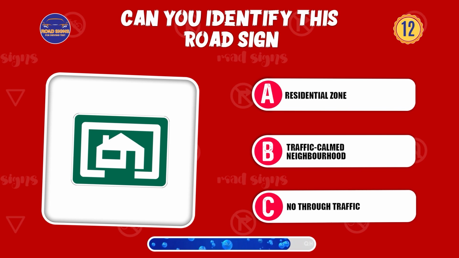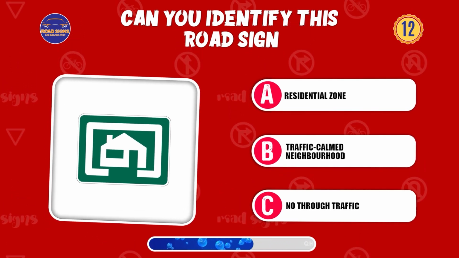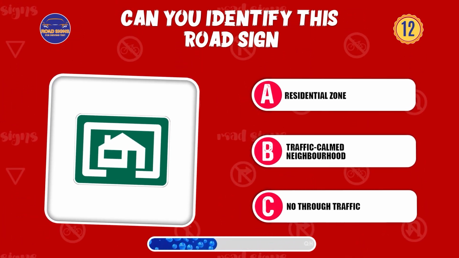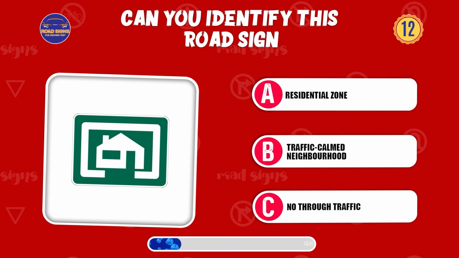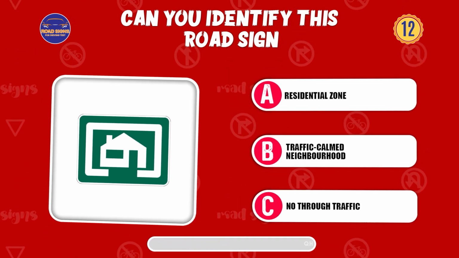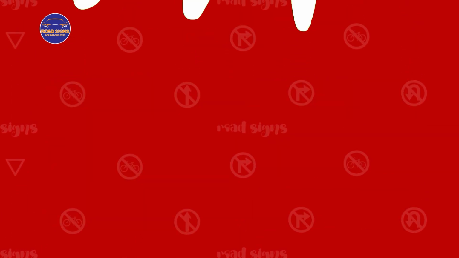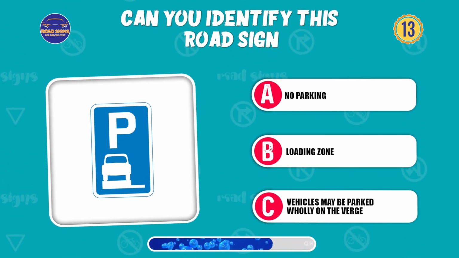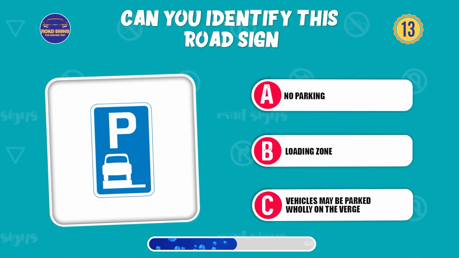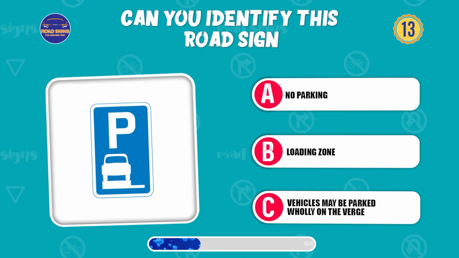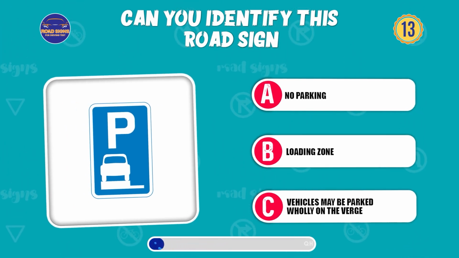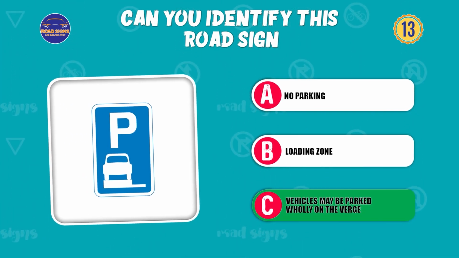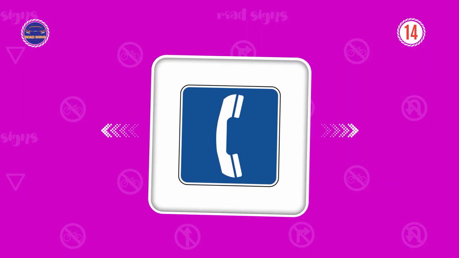What does this sign suggest about the area? B. Traffic calmed neighborhood. What does this sign allow for vehicles? C. Vehicles may be parked wholly on the verge.